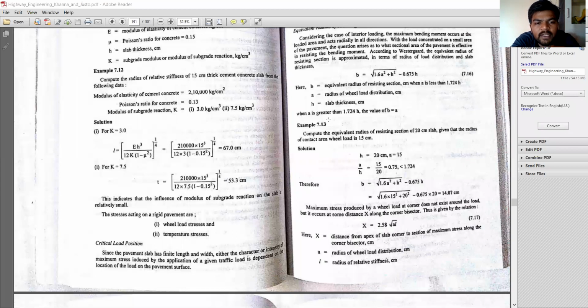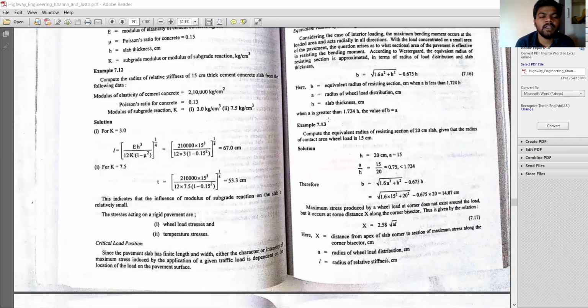Modulus of subgrade reaction K value is, first condition, 3 kg per centimeter cube, second condition, 7.5 kg per centimeter cube. Going to the solution, what are the given things here? Modulus of elasticity, Poisson's ratio, modulus of subgrade reaction. By applying the formula directly, L is equal to (E H cube upon 12 K (1 minus mu square)) whole to the power 1 by 4.